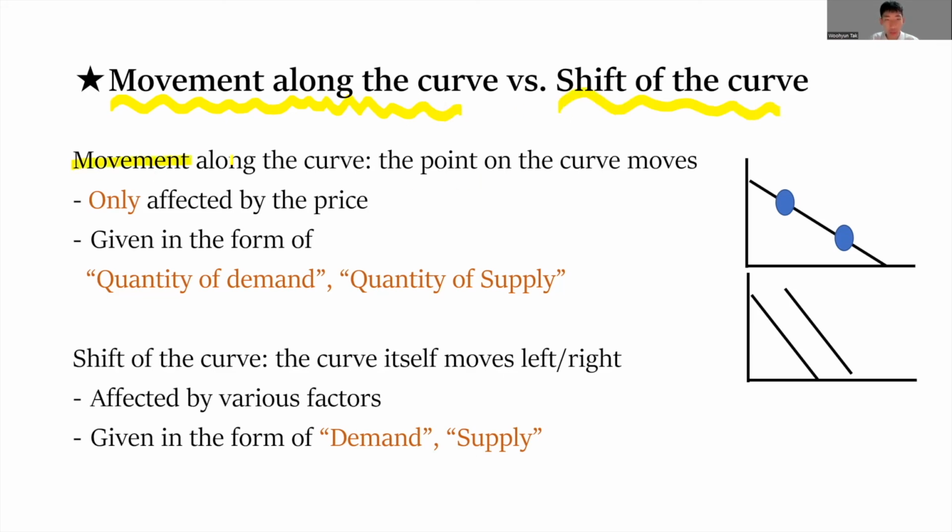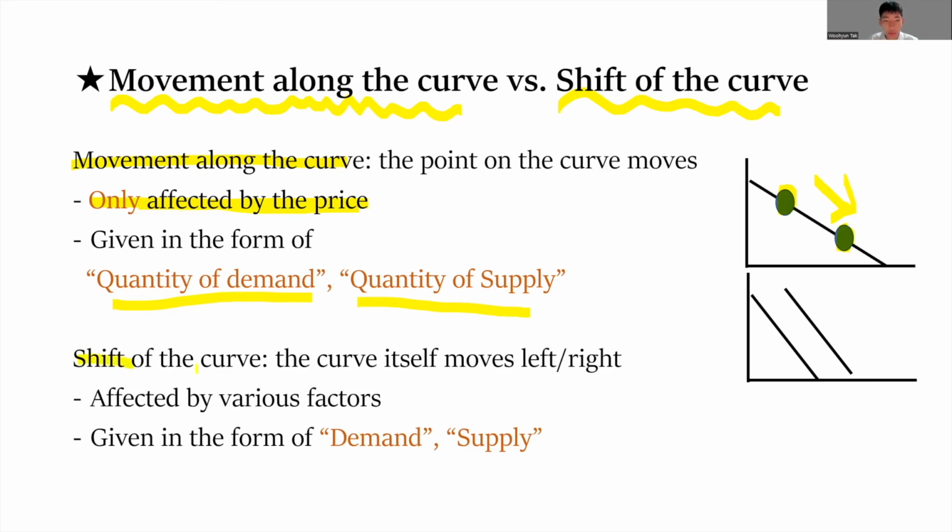Movement along the curve is when the point on the graph moves along the curve. Yes, it is literally what it says. So it is only affected by the price. Yes, price is the only determinant, and in the multiple choice questions, it will be given in the form of quantity demanded, quantity supplied, and so on.